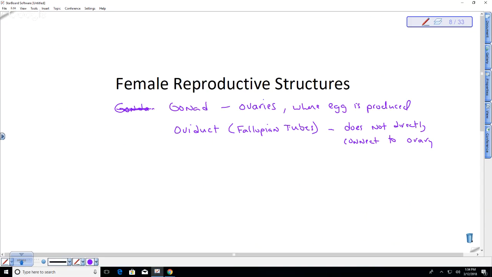So when the egg is released from the ovary, there's just a brief moment where it's actually in the body cavity. And then the oviduct has to suck it up into the tubules. And this is actually where fertilization takes place. So in the oviduct, this is where fertilization takes place.